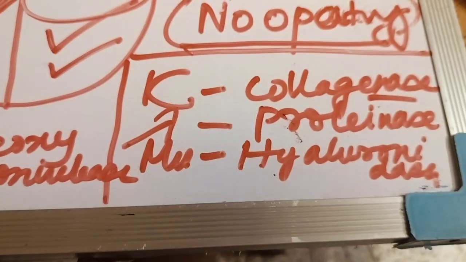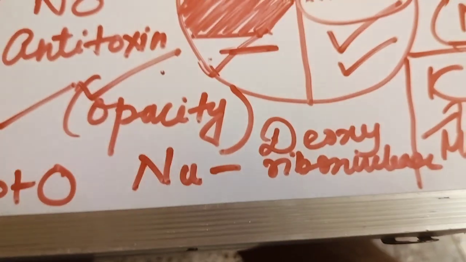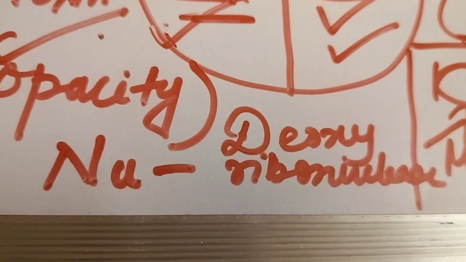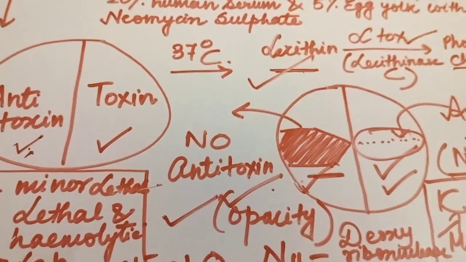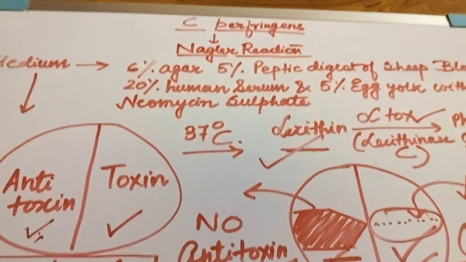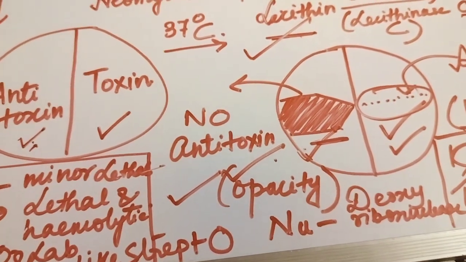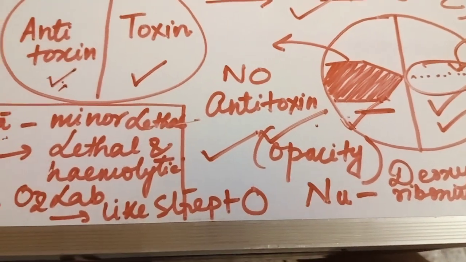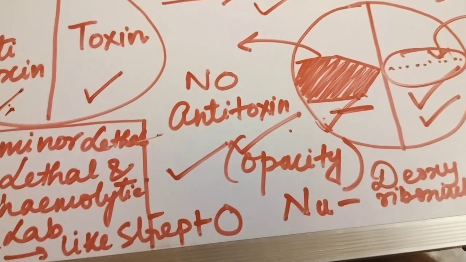Then is the mu toxin, which is a hyaluronidase. And last but not the least is the nu toxin, that is a deoxyribonuclease. So you understand that this microorganism is basically a galaxy of all the different toxins which are degrading the building blocks of the cell slowly.